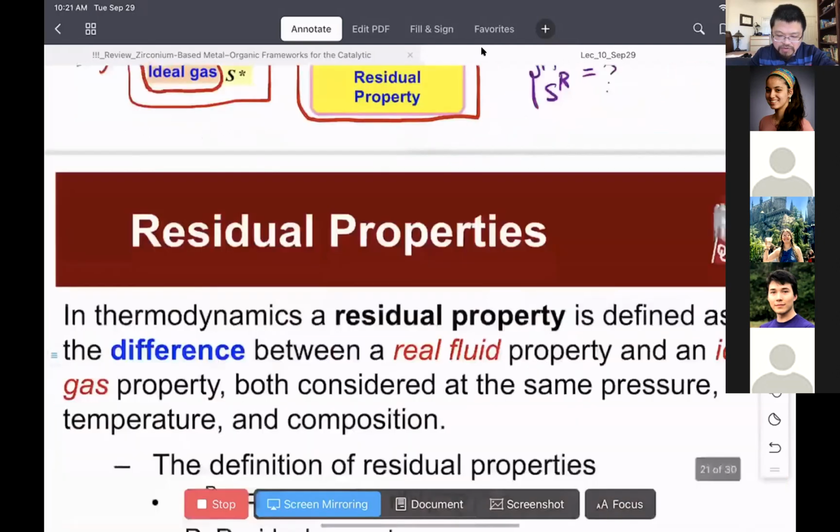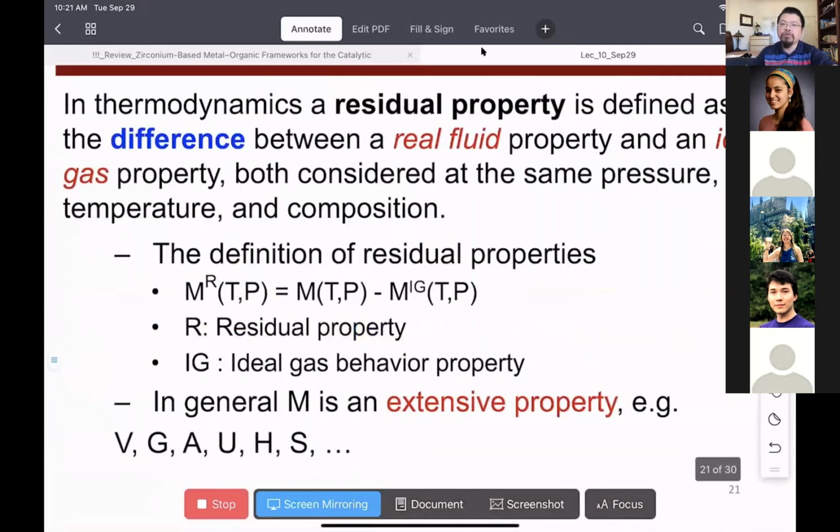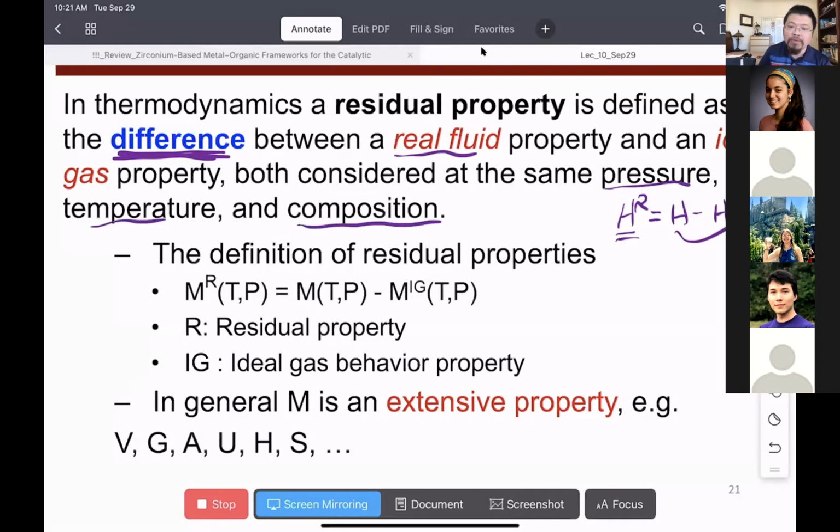So now let's officially define this residual property. In thermodynamics, the residual property is defined as a difference. The residual property itself is the difference. So H^R is the difference between a real fluid property and the ideal gas property, both considered at the same pressure, temperature, and composition.